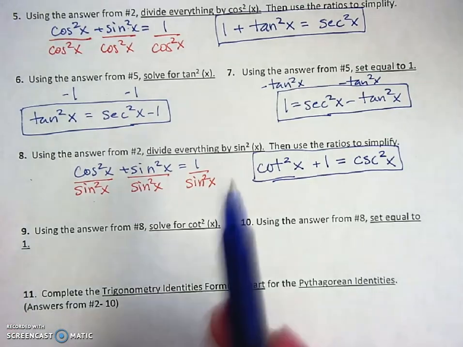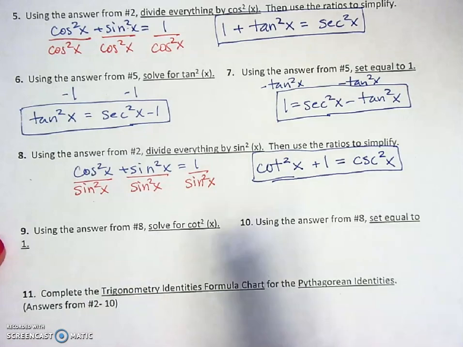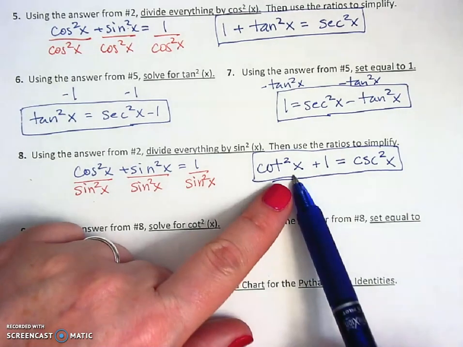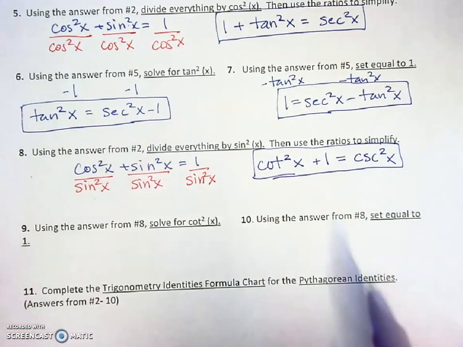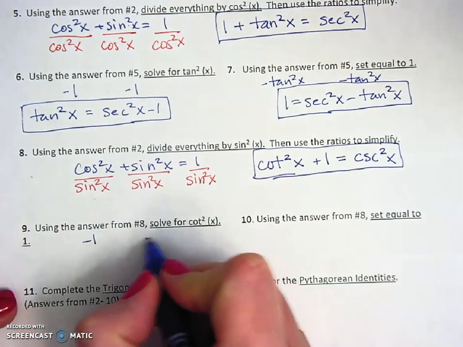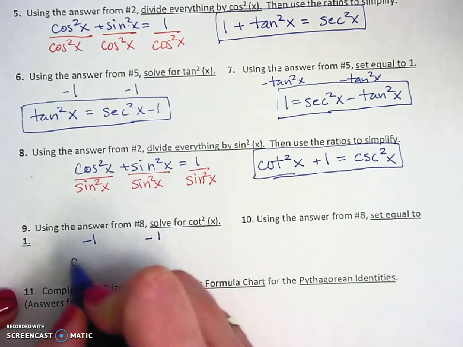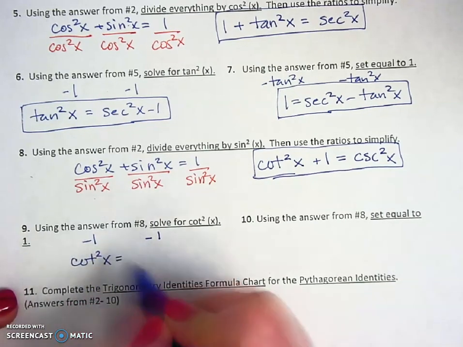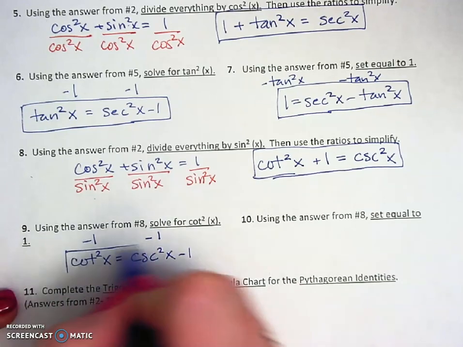And then on 9, using the answer from 8, solve for cotangent squared. So if I want cotangent squared by itself, I just need to subtract 1 from both sides. So minus 1 from the left, minus 1 from the right of the equation. That leaves me cotangent squared x equals cosecant squared x minus 1.